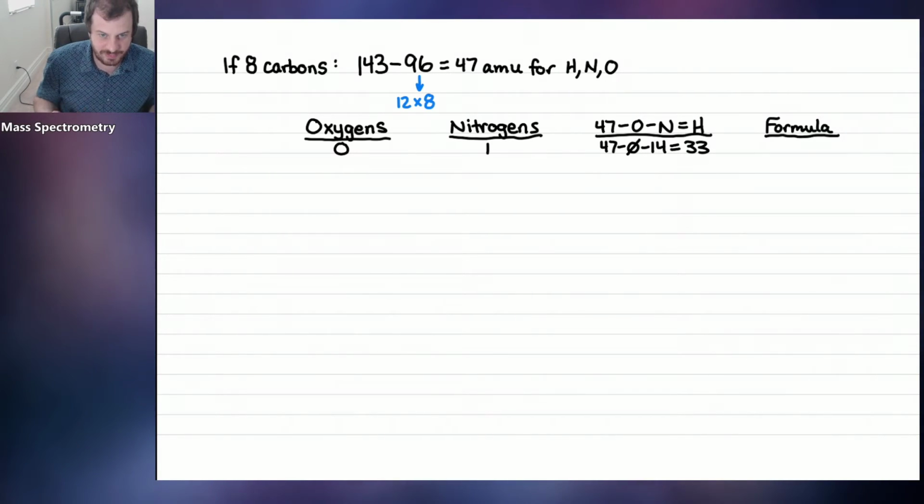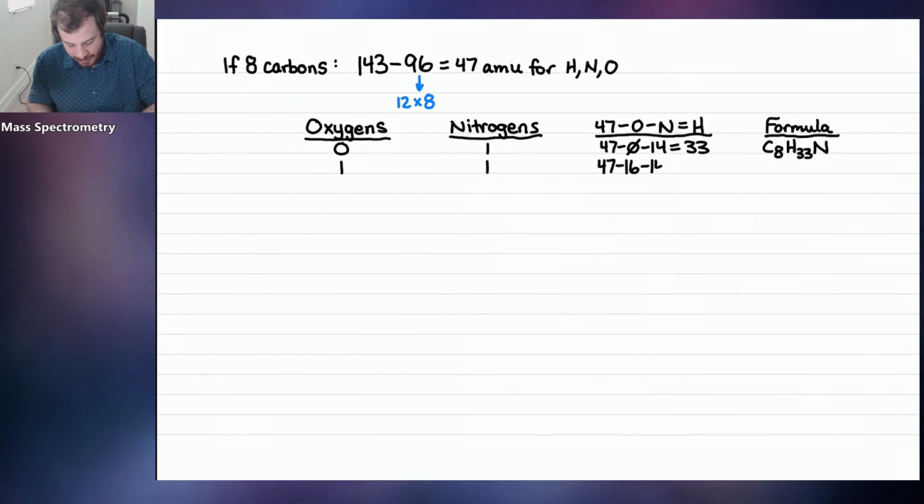So the formula for this possibility is going to be C8H33N. Okay, that's one possibility. Let's keep going. Now let's pretend we have 1 oxygen and 1 nitrogen. So then our number of hydrogens will be 47 minus 16, that's the mass of oxygen, minus 14, that's the mass of nitrogen, and that's going to give us 17 hydrogens. So our formula would be C8H17NO.